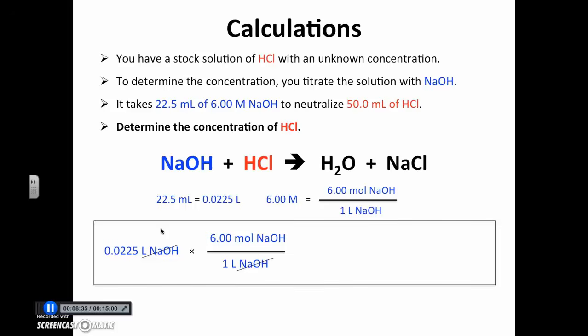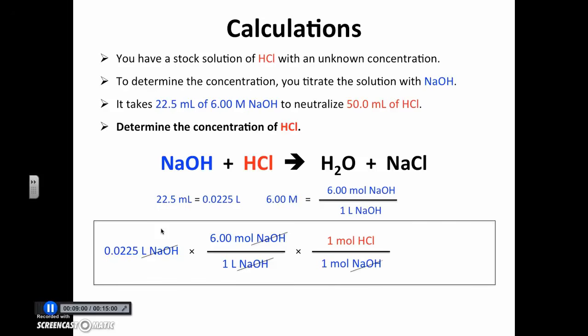Well, what you want to know is something about hydrochloric acid. So at this point, you want to convert moles of sodium hydroxide to moles of HCl. And of course, to do this, we use the mole ratio. In this case, the ratio is 1:1, and you might be asking yourself, why bother writing it? Well, it's always important to write out your mole ratios because it helps you to keep track of your units.